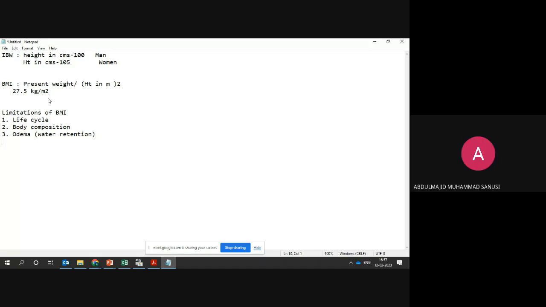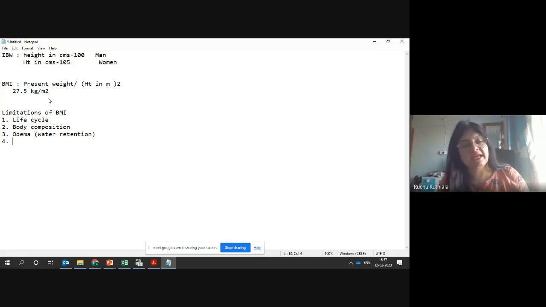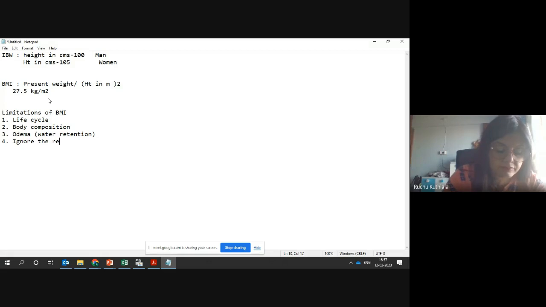Another one more limitation of this BMI calculation is that it can ignore the regional distribution of obesity.